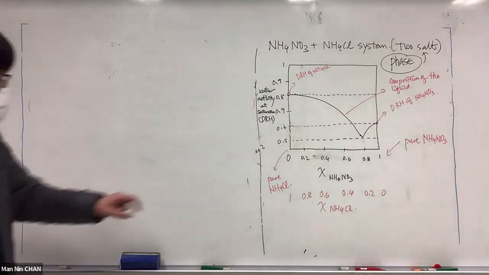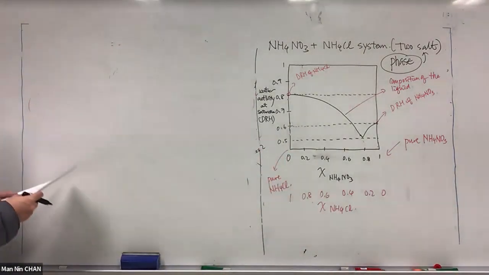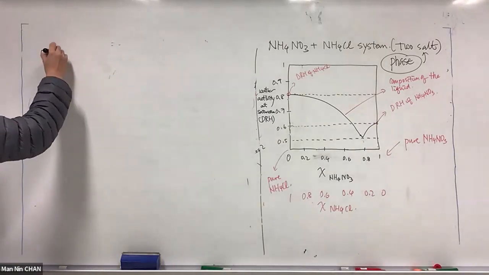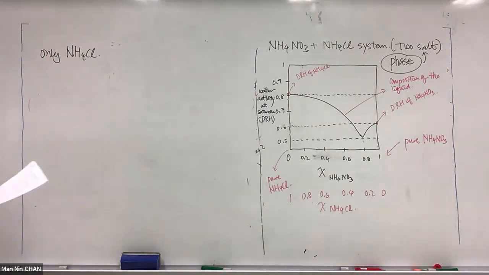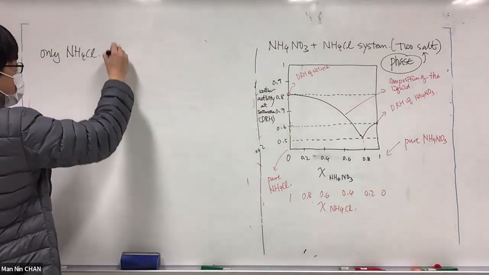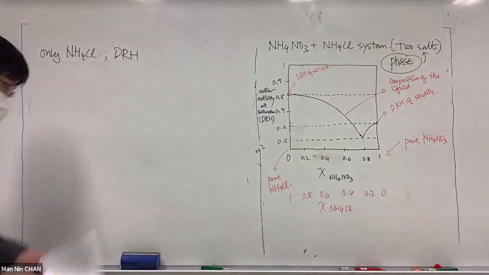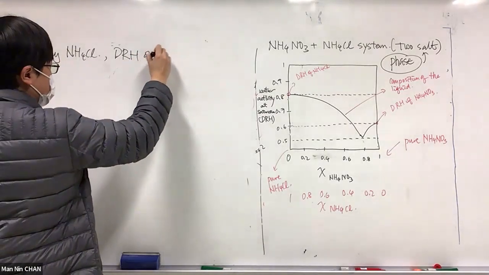For example, let's think about this point, at this end, where we only have ammonium chloride. So this point, like we discussed, will be the DRH of this pure ammonium chloride particle.